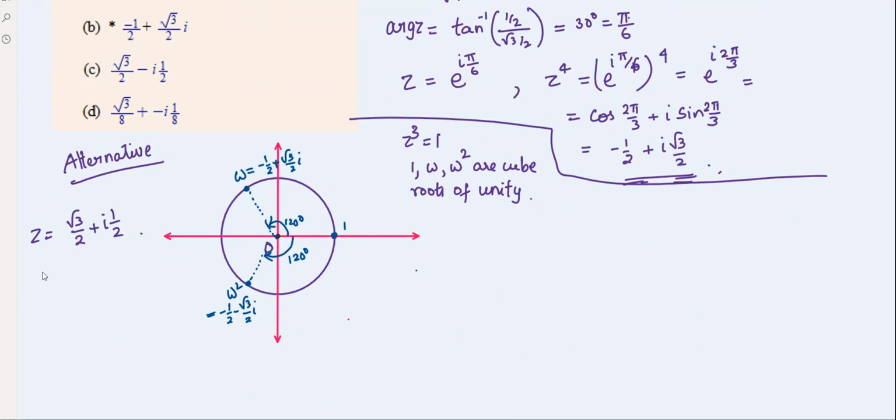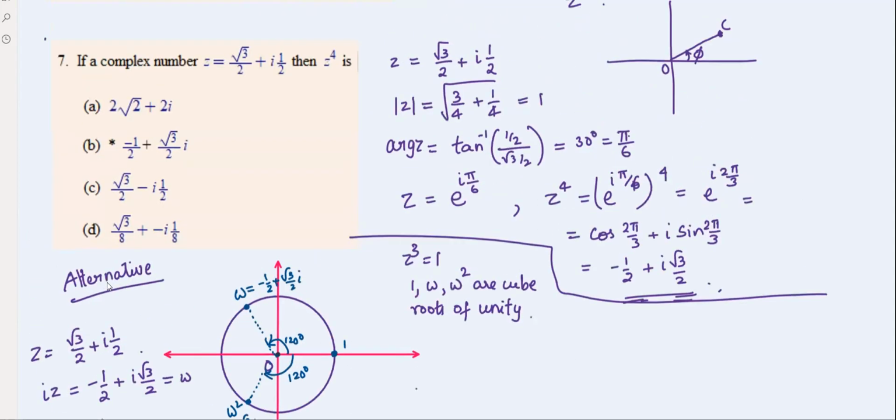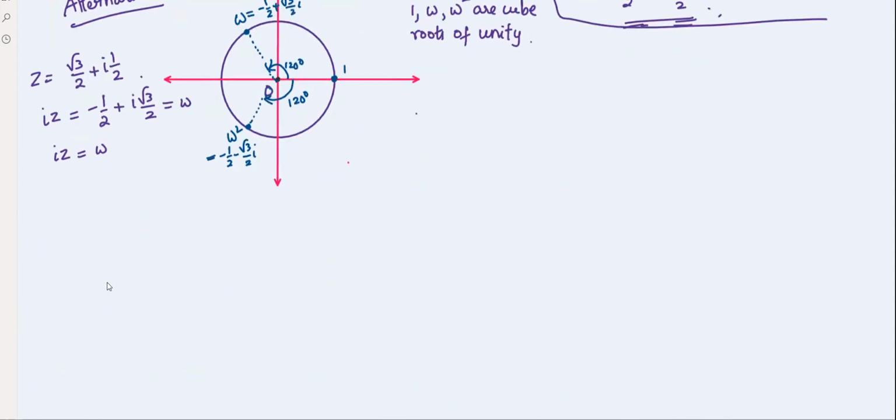Now, if I multiply this I with z, I times z, what I get, I square is minus 1, so I get minus half plus I root 3 by 2, which is nothing but omega. So I times z is omega, and what I want is z power 4.